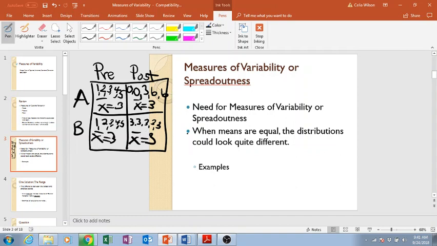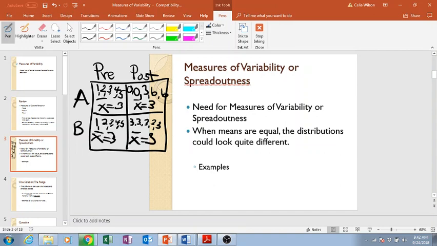But as point 2 says, when the means are equal, the distributions could look quite different. And so they do look different. We can look at the distributions and see that even though our groups started the same, the way they ended up, these people went down to 0, this person remained the same, and these people went up to 6.